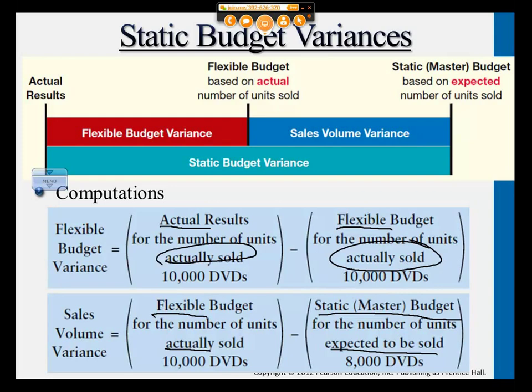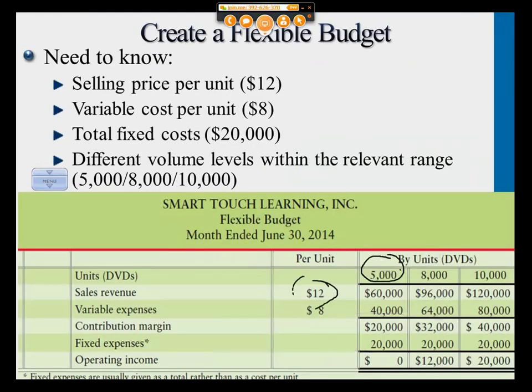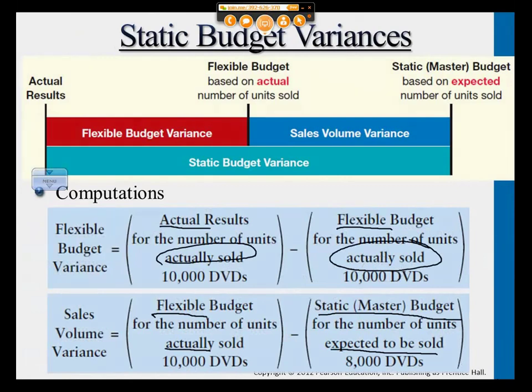So your actual results for the number of units actually sold is your actual number. Now the flexible budget, you remember how it has 3 columns, right? So if I know that I've sold 10,000, I'm going to go to my flexible budget and look at this number right here. The other one, this one, is an actual result.